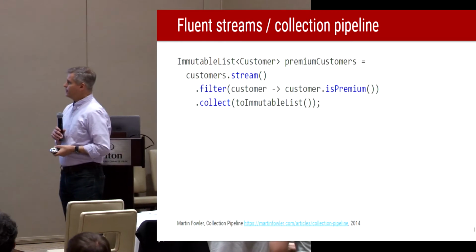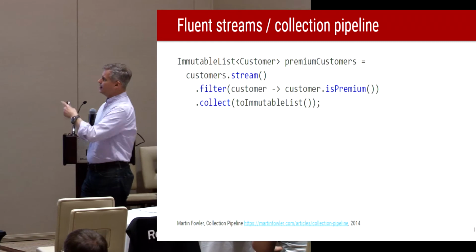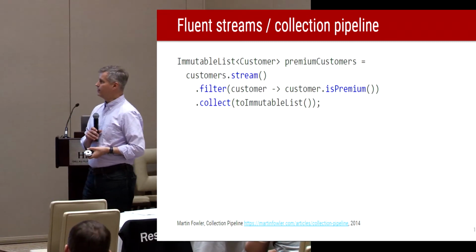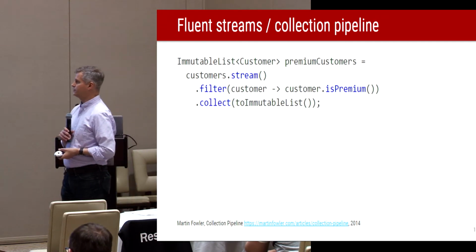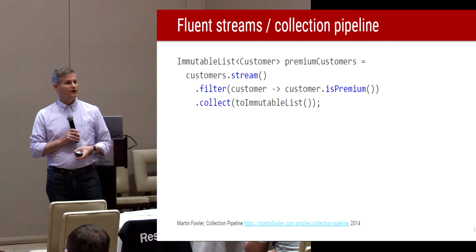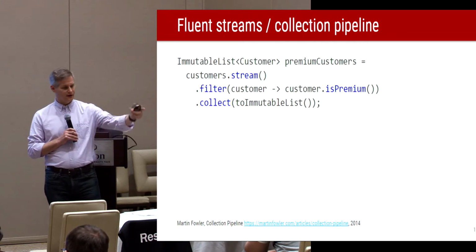So another thing that's happening in Java 8 and future versions is this idea of streaming. You have a regular collection, like in this case customers, and when you invoke the stream operator, you can put a bunch of operations after it that transform the collection in a stream.